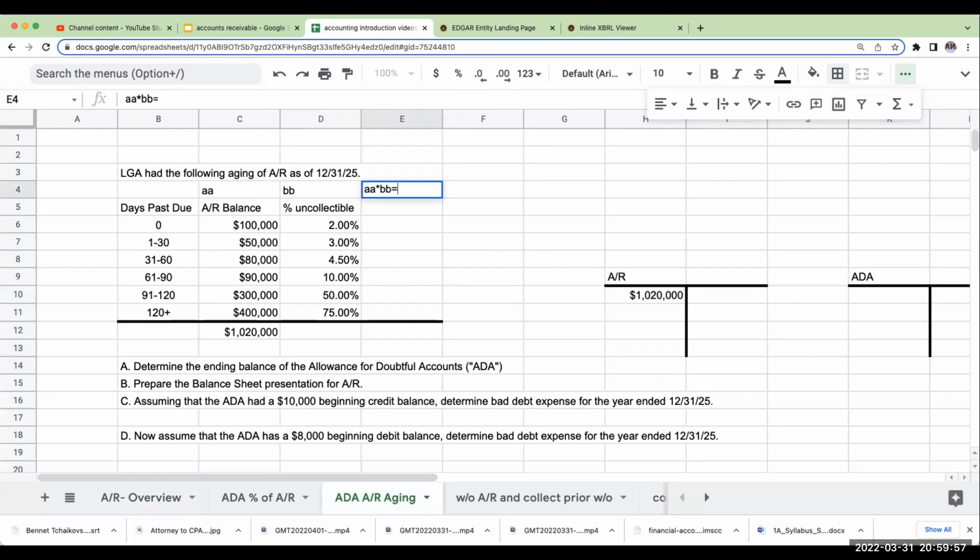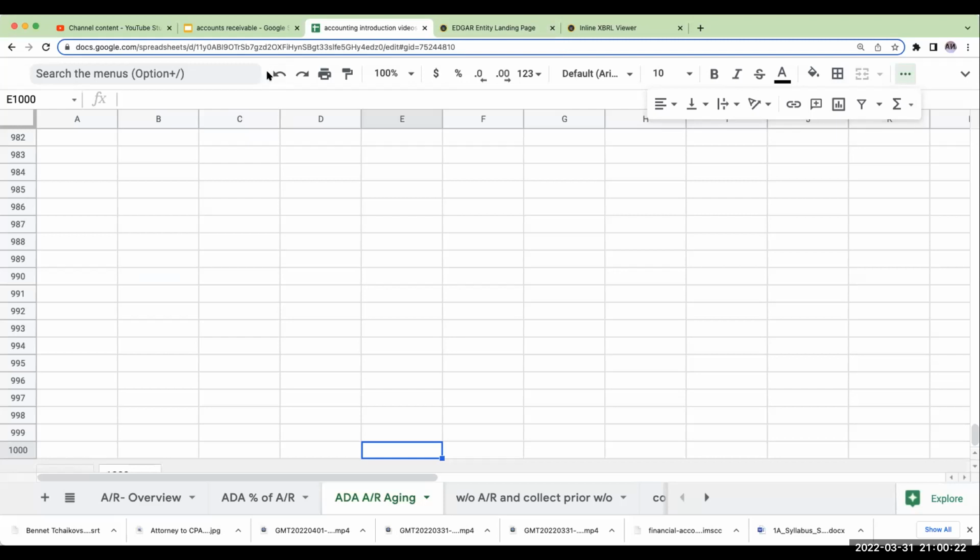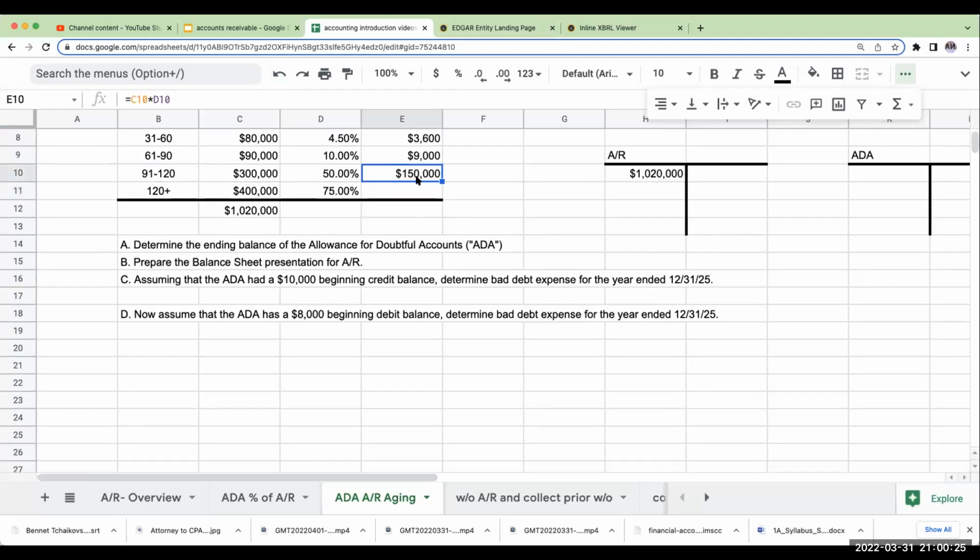So basically what I'm going to do here is take the AR balance and multiply it by the percentage uncollectible to give me my total ADA amount. So I've got 100,000 times 2% or 2,000. 50,000 times 3% or 1,500, 80,000 times 4.5% or 3,600, 90,000 times 10% or 9,000, 300,000 times 50% or 150,000, and then 400,000 times 75% or 300,000.